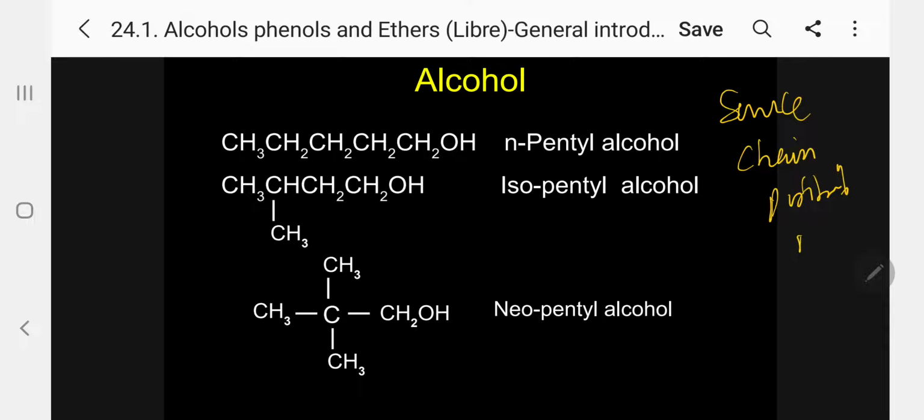These are the three ways we can give a common name to the alcohol. The source we have already discussed. Based on the chain: n-pentyl alcohol, isopentyl alcohol, and neopentyl alcohol. Kindly follow.